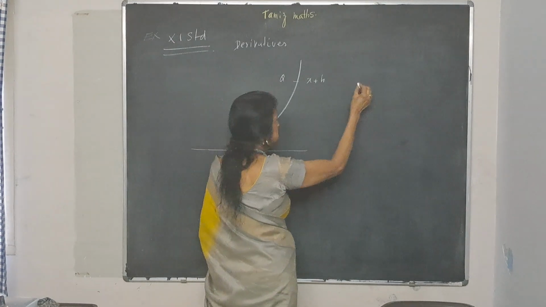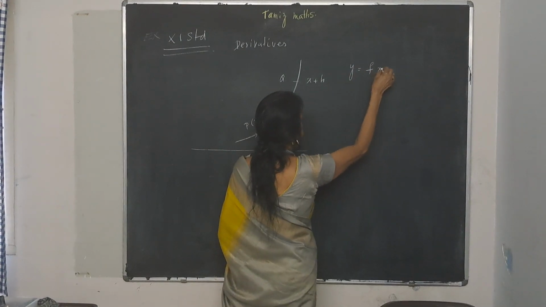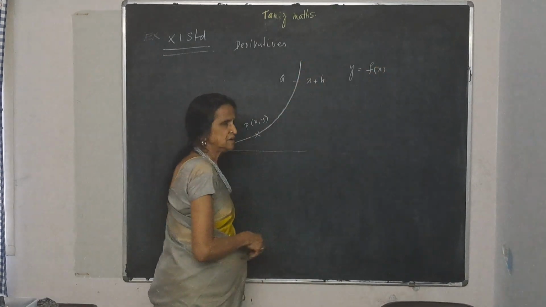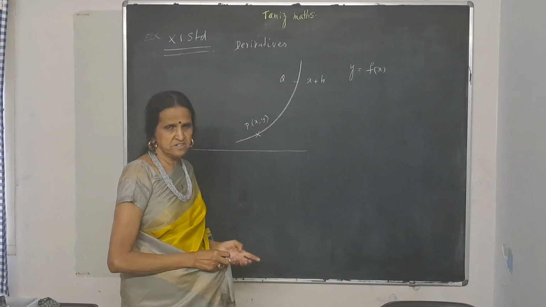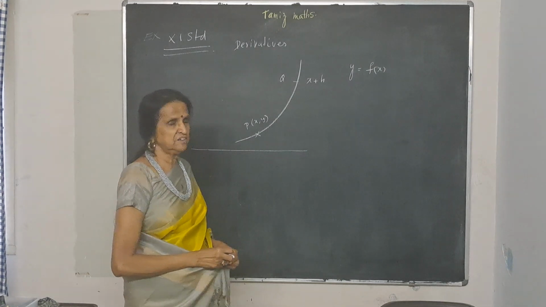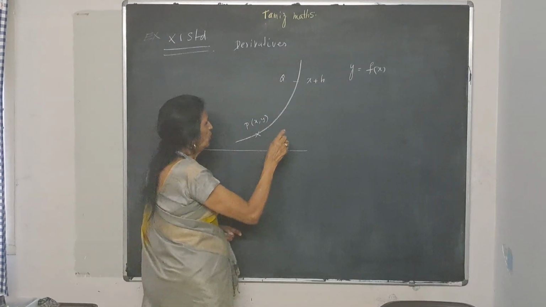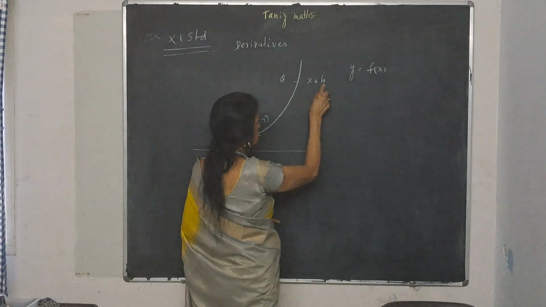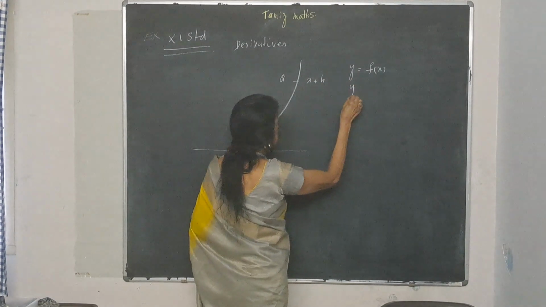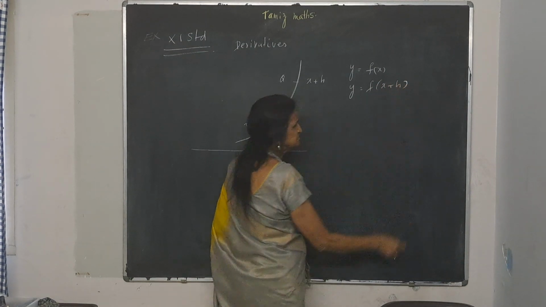It is always, the function is y is equal to f(x). I said consider a curve, so the curve should have an equation, isn't it? So let us say the curve is y equals f(x). Now when x is x plus h, y will be f of x plus h.